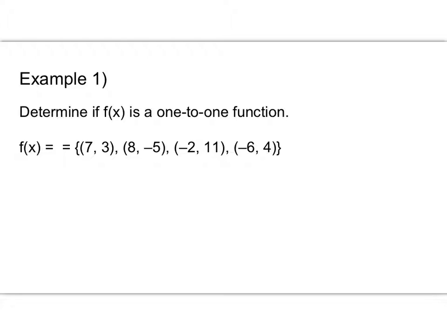So here's an example. If we want to determine if f of x is a one-to-one function, I have these 4 points. I have (7, 3), (8, negative 5), (negative 2, 11), (negative 6, 4). If I take a look at this, I have no duplicate x's and no duplicate y's. So this is a one-to-one function, and it does have an inverse.